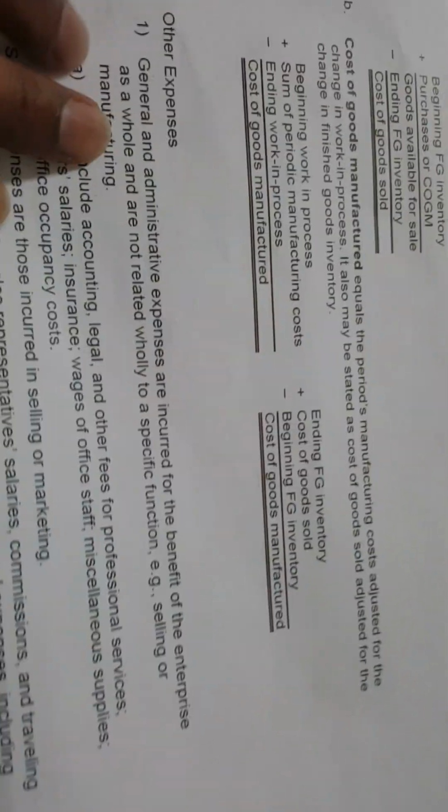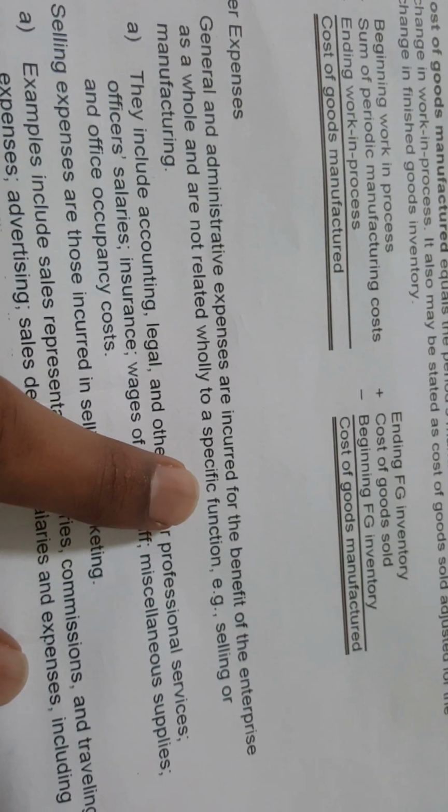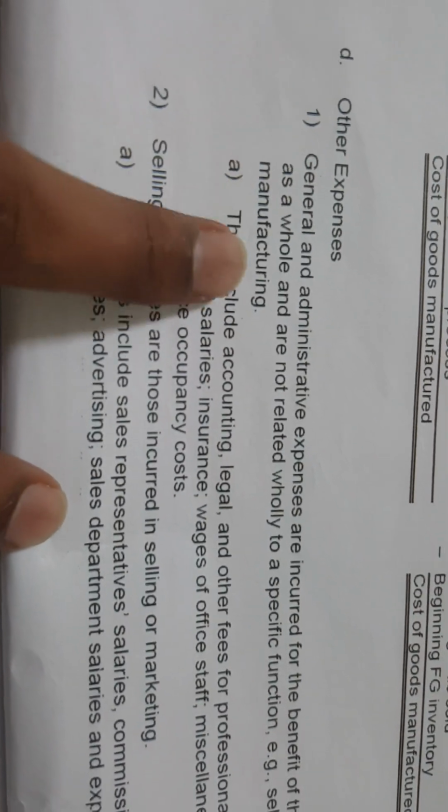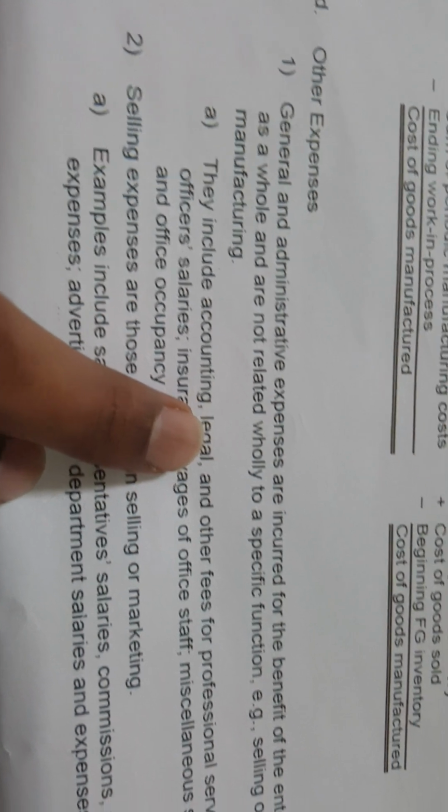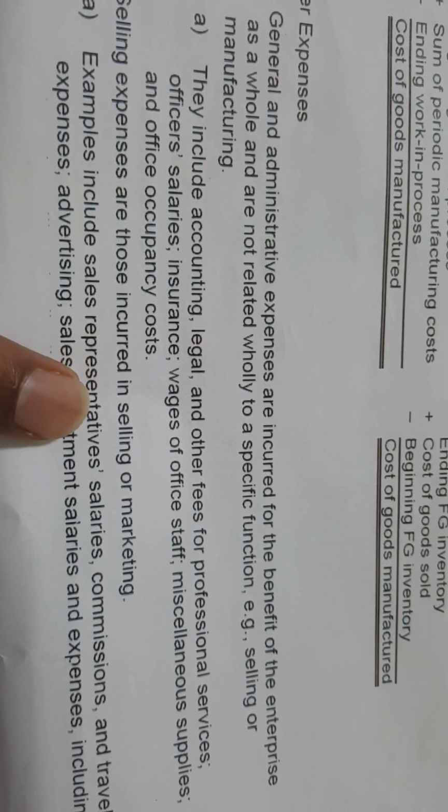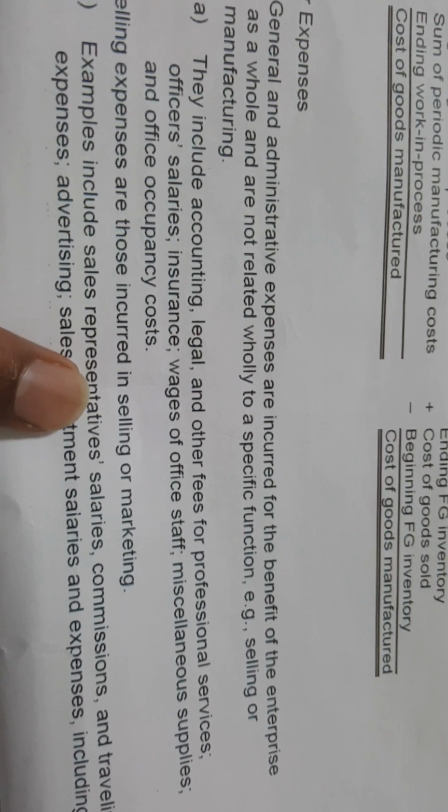Like general administrative expenses: they are incurred for the benefit of the enterprise as a whole and are not related wholly to specific functions, for example selling or manufacturing. So these are the other expenses which do not come under the cost of goods sold.